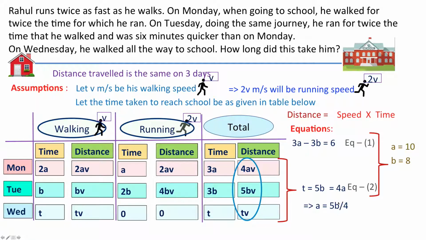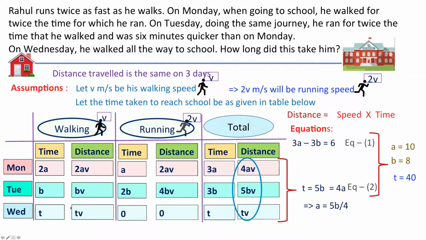In equation 2, if you substitute a is equal to 10, your t will be 40. Or if you substitute b as 8, 5 times 8 is again going to give you 40. Now what is t?